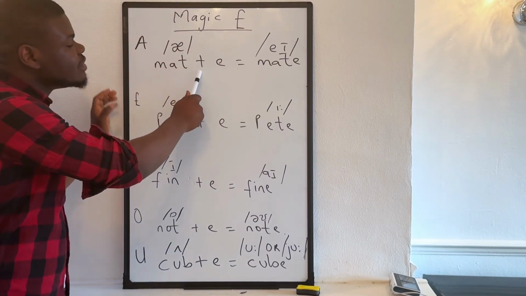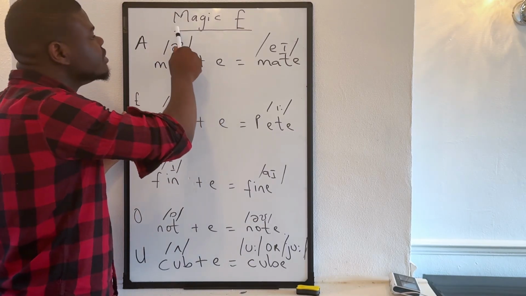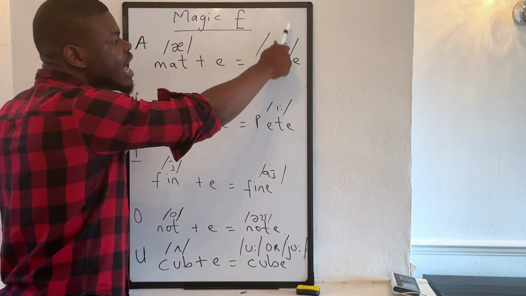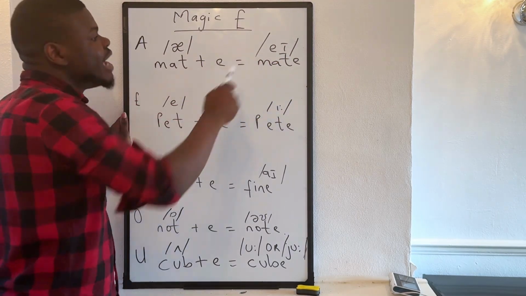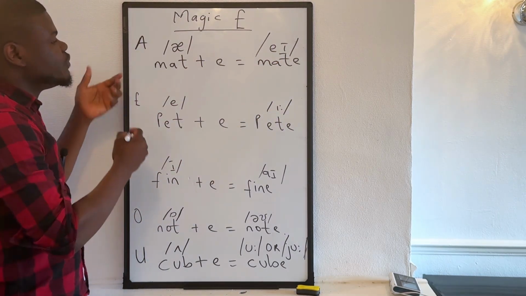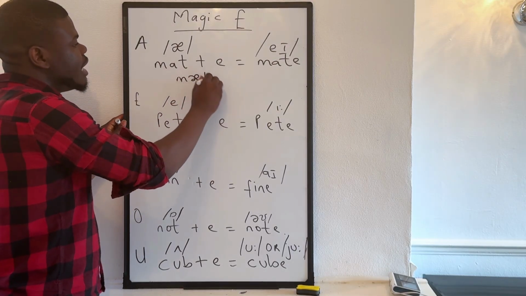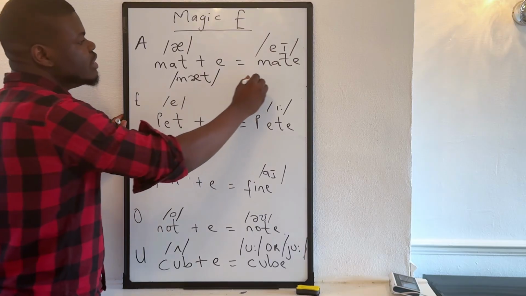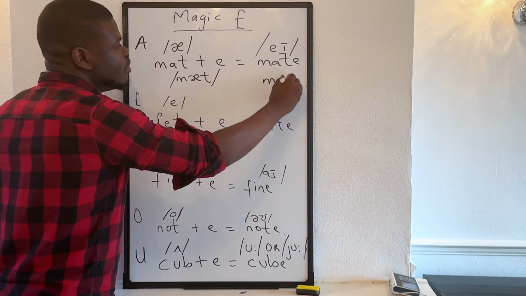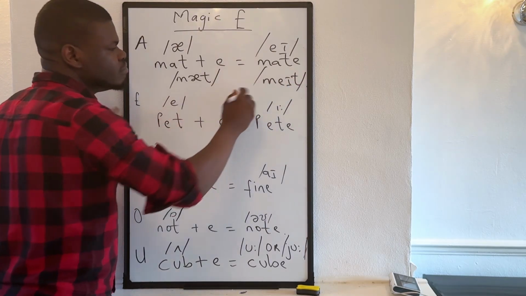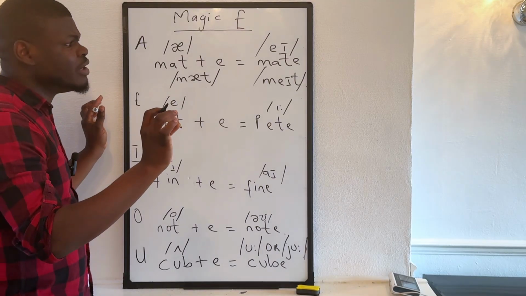But immediately we add a magic E, it changes this A sound to the A, and that's where we've got mate. So what you would have had here as, say, if you were to transcribe it, mat, would now be mate. Is that simple enough? Yeah?